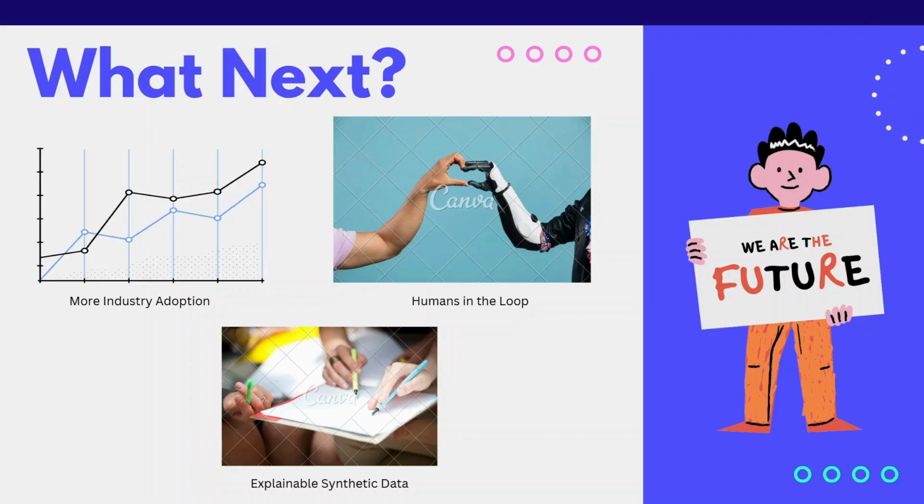As we have seen in the data section already, there will be far wider industry-wide adoption of synthetic data in the next few years. The most important prediction from my perspective would be that we, humans, are the future of synthetic data. To tackle the challenges we have discussed, especially like a lack of realism and lack of domain knowledge, humans must be in the loop.